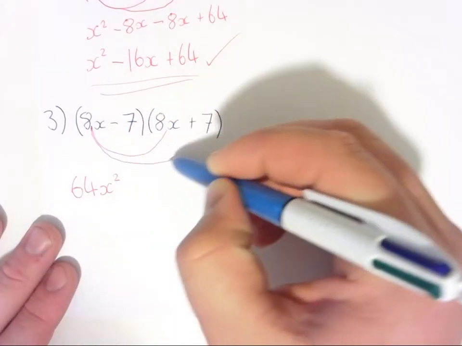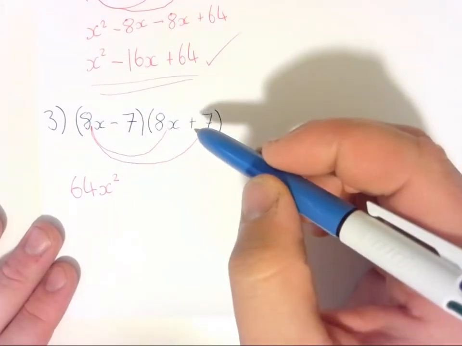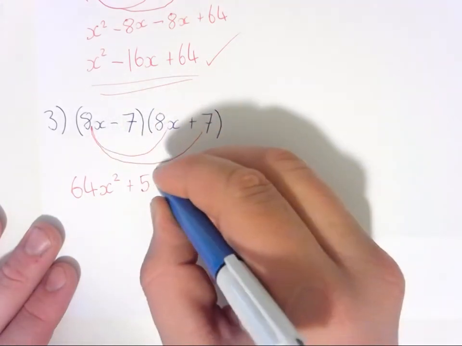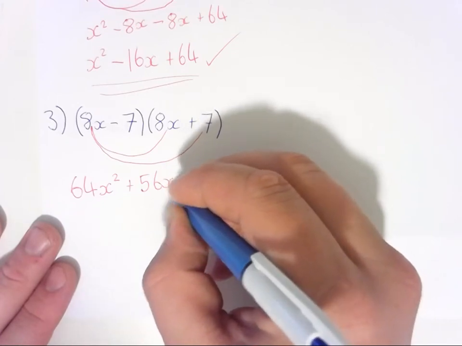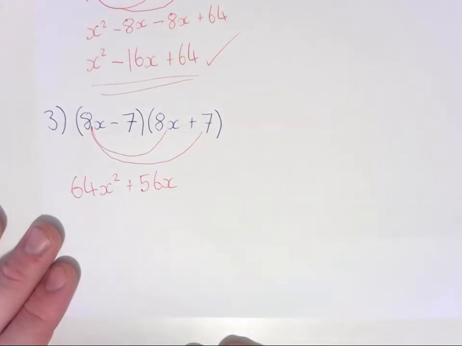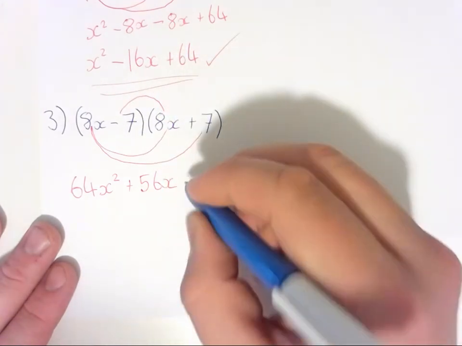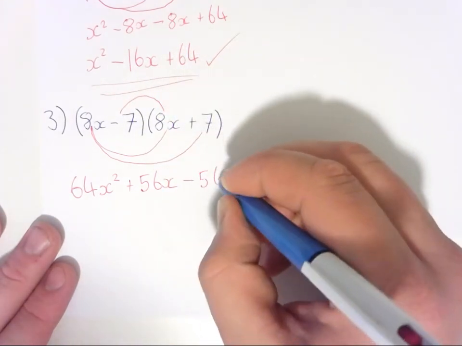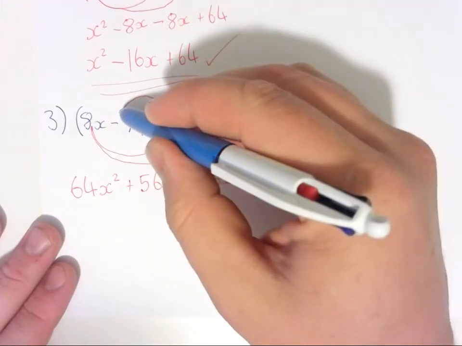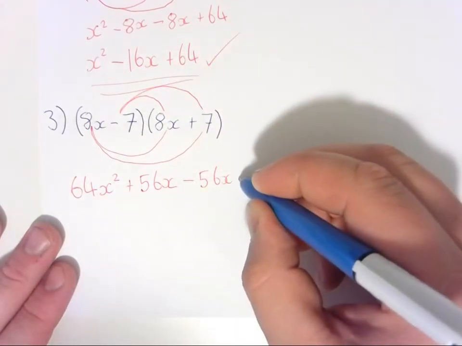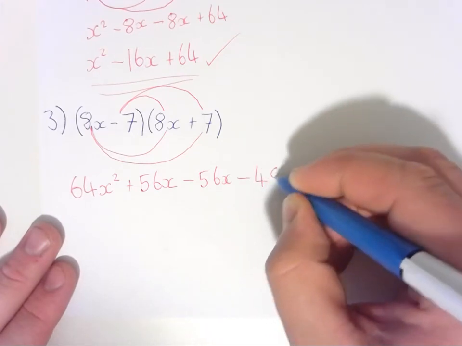My outside terms, 8x times positive 7, 8 times 7 is 56. Again, use your calculator if you're able to. Next one, inside, negative 7 times 8 is negative 56x. Negative 7 times positive 7 gives me negative 49.